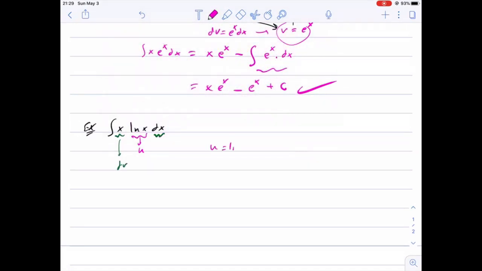u is natural log x, then we find the derivative of this. The derivative du is 1 over x dx, and then dv is x dx. Then we integrate this to get v equals x squared over 2.